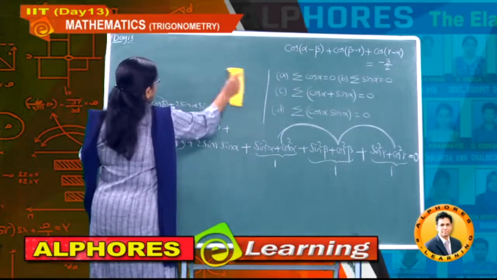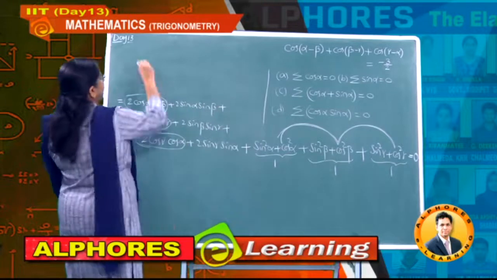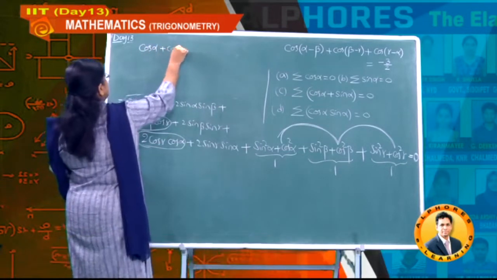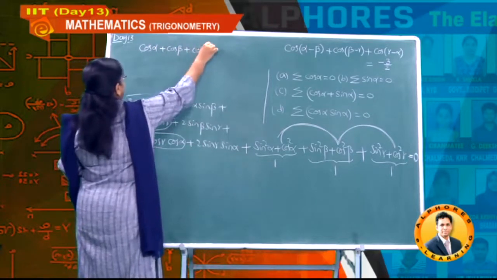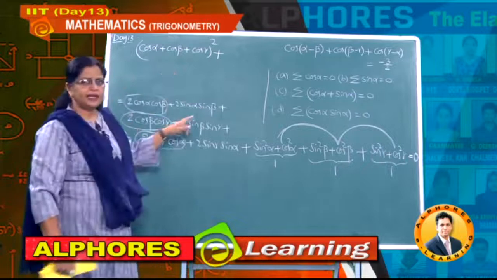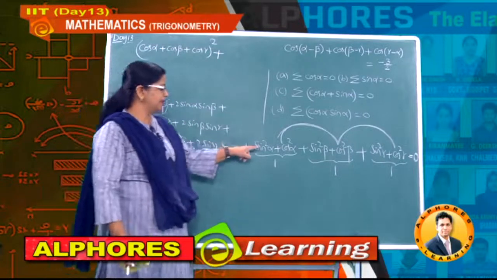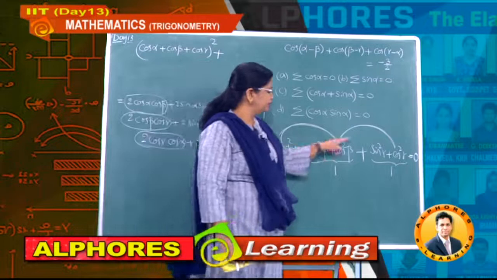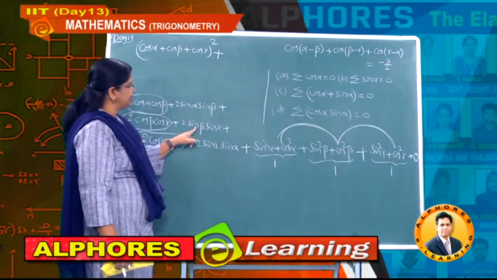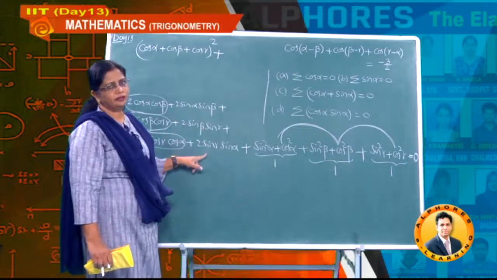So, a plus b plus c whole square means the value is nothing but cos alpha plus cos beta plus cos gamma whole square. In the same way, if you observe sin terms, you have sin square alpha plus sin square beta plus sin square gamma, and then 2 sin alpha sin beta etc. sin values.